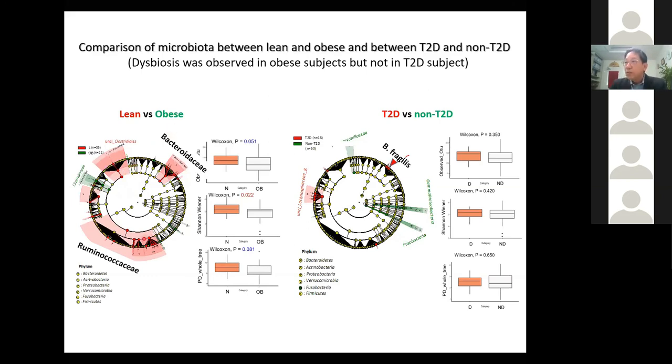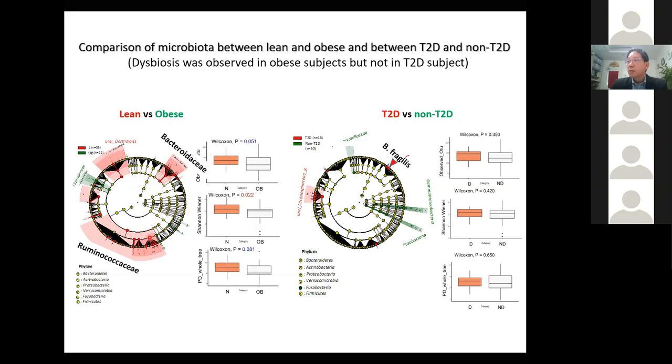So you see a very wide range of taxonomic groups are very decreased in the obese group. These are Ruminococcus, Bacteroides, and Clostridiales and so on. So we can simply recognize that the gut microflora of the obese group is very unusual. It's very poor in the commensal group.